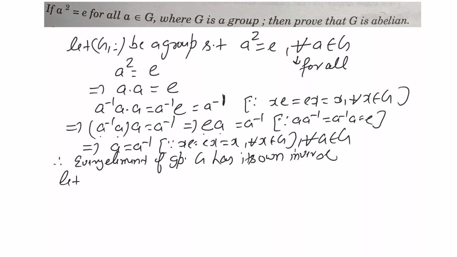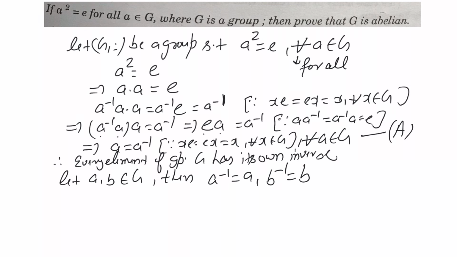Let a, b be two elements. Then by the condition, where we are saying that every element has its own inverse, a inverse will be a, like the last theorem, and b inverse will be b.